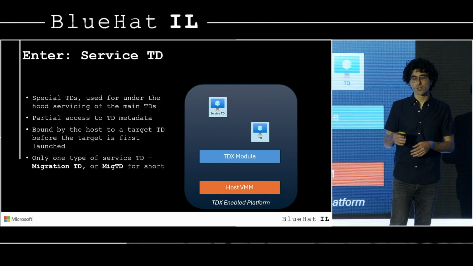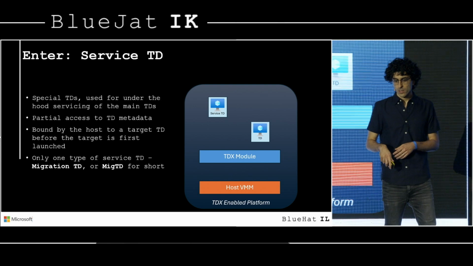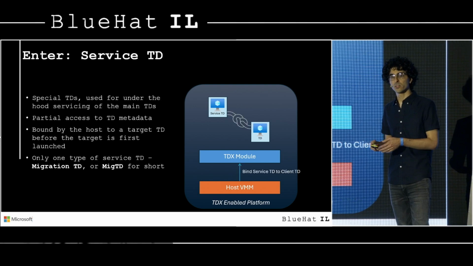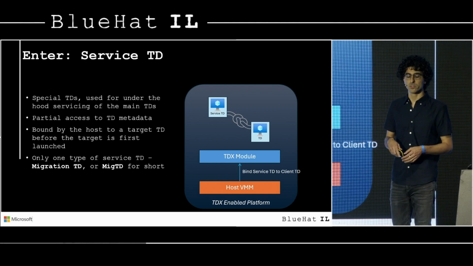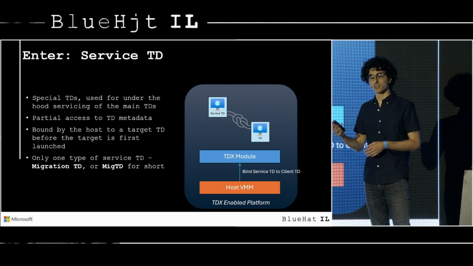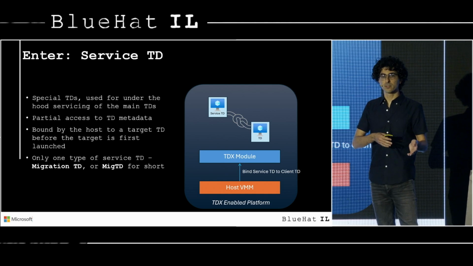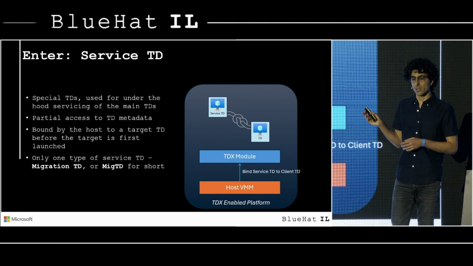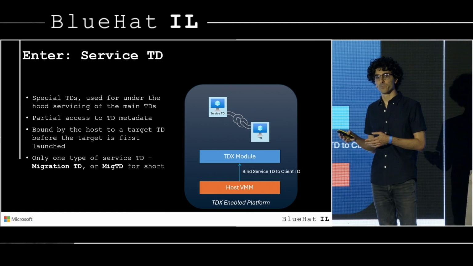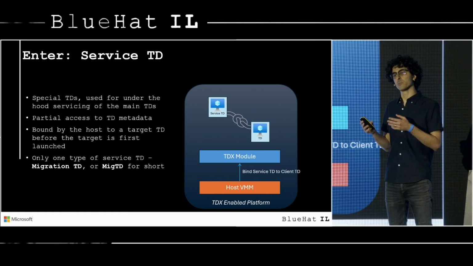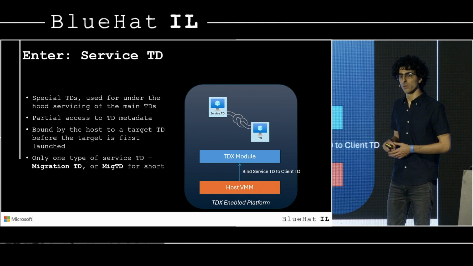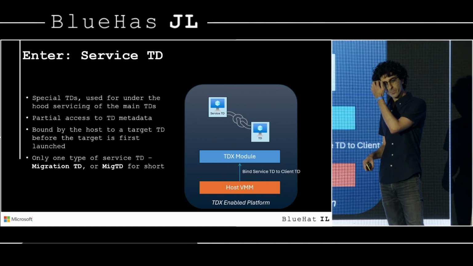Okay, so let's take a look at how a service TD actually works. First, the host, the VMM, needs to call the bind function in the TDX module. The module actually does the binding itself, and after that is done, the service TD can access some of the target TD metadata. TD metadata is basically a bunch of data structures used by the TDX module to manage the TD.